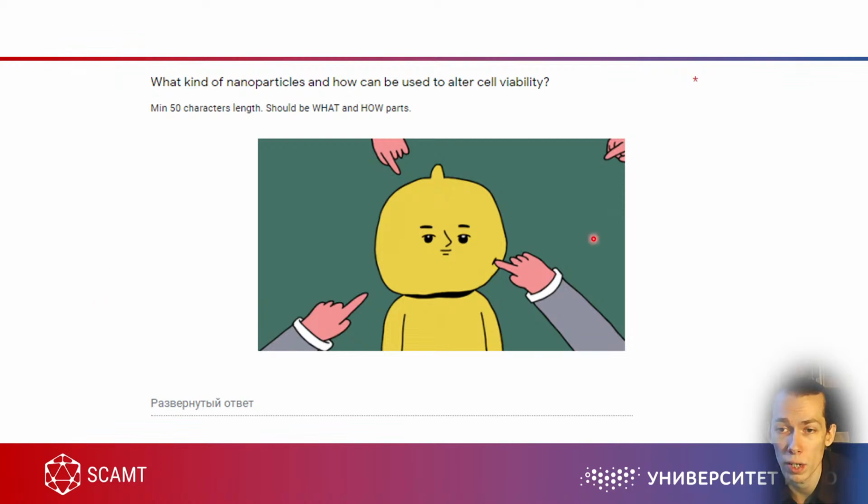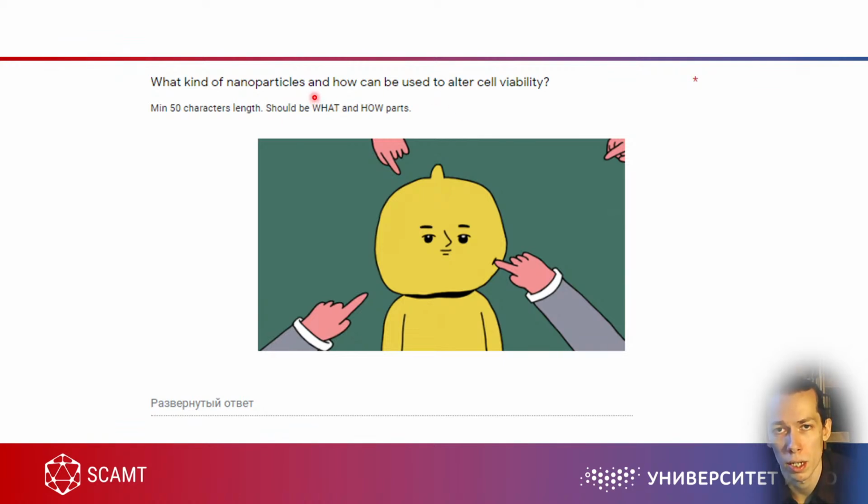This was a GIF image in your tests. The question was mainly about the example I showed you in the lecture connected with controlled damage of cell membranes with spiky particles. So about the what and how parts. Spiky nanoparticles can damage cell membranes in a controlled manner to enhance biocatalysis.